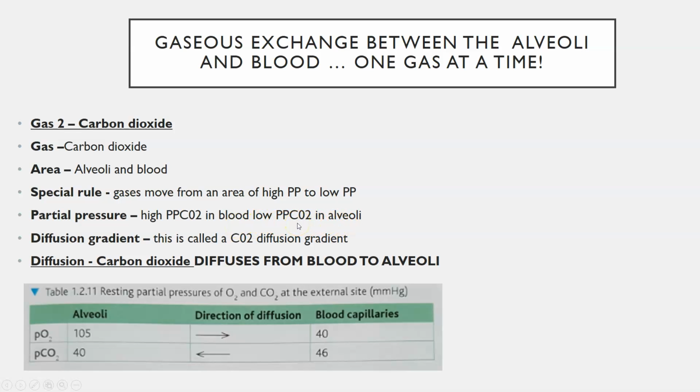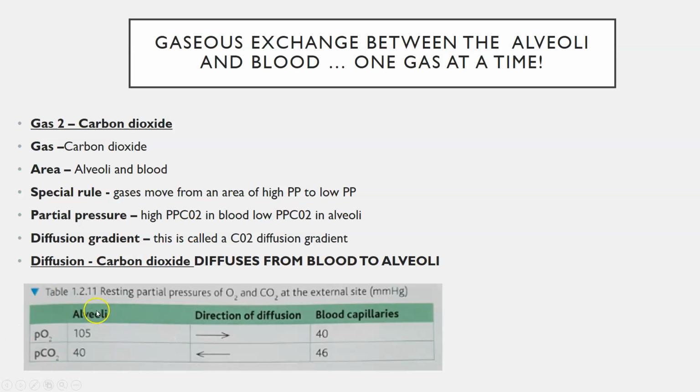You've got to think we've just breathed in loads of oxygen. So the partial pressure of carbon dioxide in the alveoli is really low because it's full of oxygen. There's no carbon dioxide in the alveoli, it's in the blood. The diffusion gradient, this is called a carbon dioxide diffusion gradient. This means that carbon dioxide diffuses from the blood to the alveoli and we breathe it out.